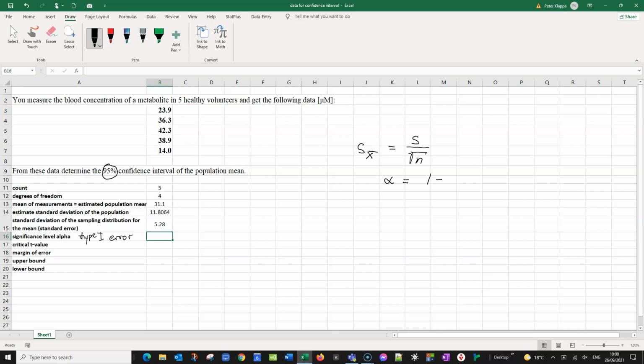So that's 95%. We want to be 95% sure, so we are willing to make a 1 minus 0.95 error. So we can calculate that.